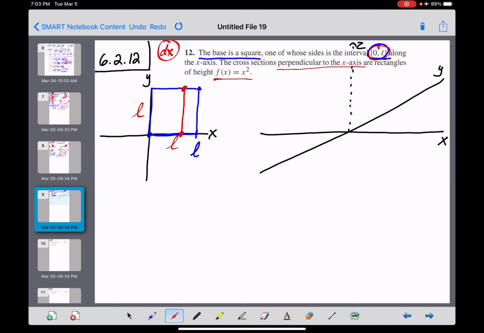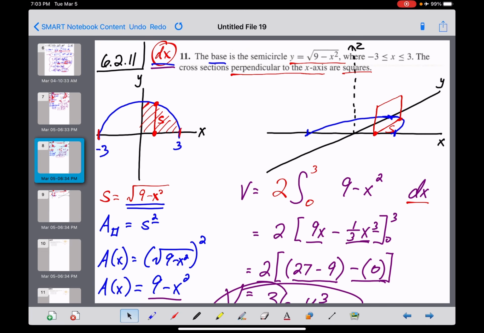Now, this problem is different than the last couple ones that I did, because in this problem here, going back to number 11, let me get rid of my shading. If I were to move this line segment here from left to right, you'll notice, guys, the length of this line segment has to change. It would have to get shorter as it moved to the right, longer as it moved to the left.